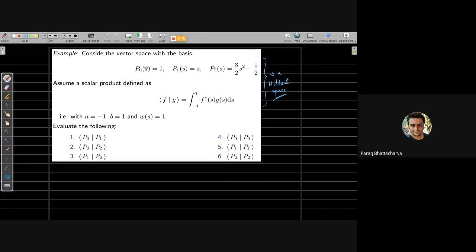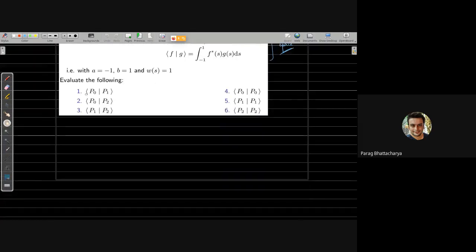Here the vector space, which contains all the quadratic polynomials of s, is spanned by this basis, and a scalar product is given. So this is a Hilbert space. Let's do one or two of these.